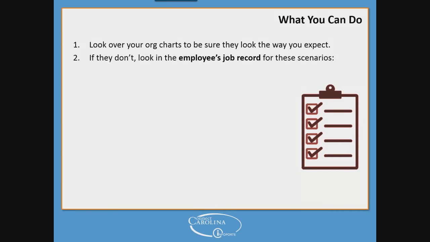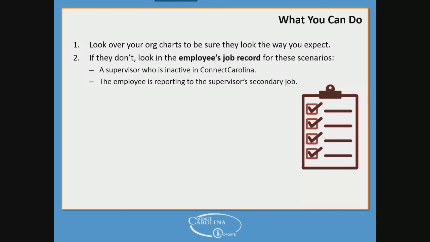If they are not, you want to look in the employee's job record to see why. So here's a few of the scenarios that we can think of as to why they won't show up. Again, going back to a supervisor that's inactive in ConnectCarolina, or if the employee is reporting to the supervisor's secondary job, they're not going to show in the org charts.